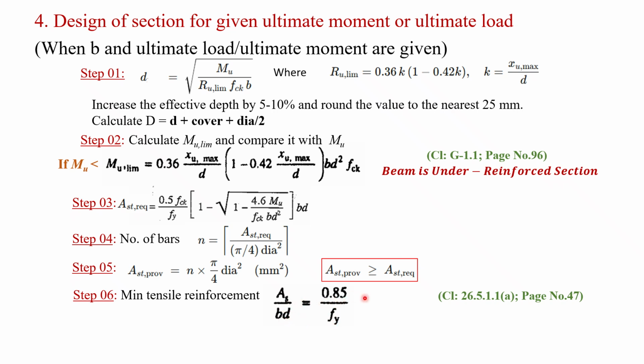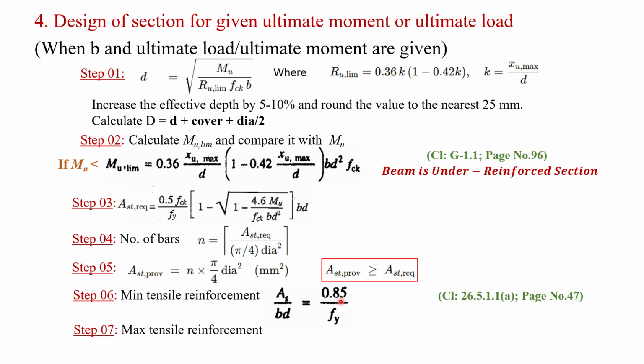We already know the width and the effective depth, and fy gives us some value. This is the minimum reinforcement we need to provide, and the Ast provided should be greater than this value. If it is lesser than this value, then we need to provide this much tensile reinforcement.